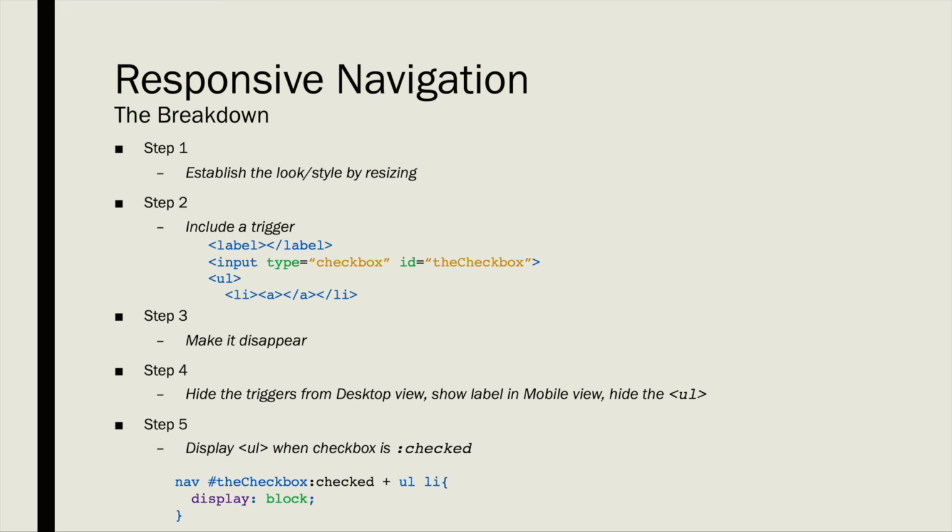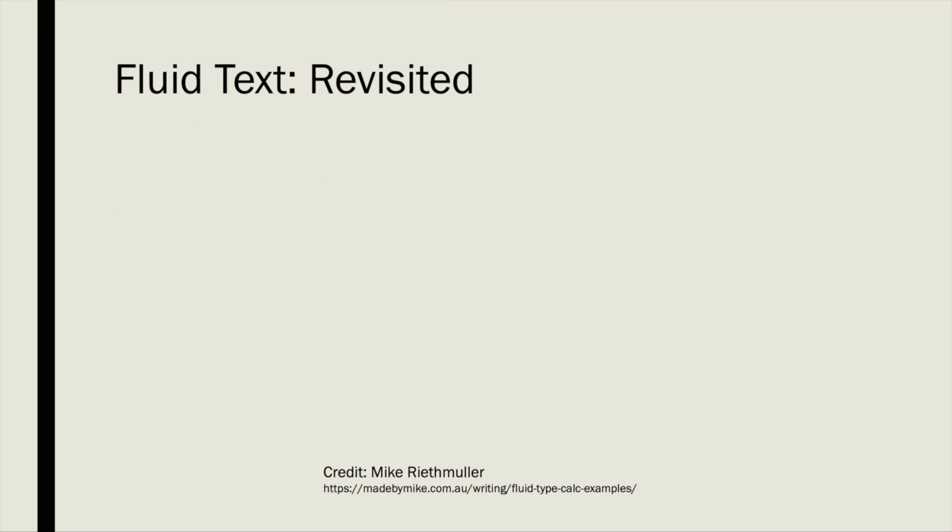Third step is to make it disappear. Fourth step is to hide the trigger from the desktop view, show the label in mobile view, and hide the navigation list. And then step 5 is to display the navigation list when the checkbox is, well, checked. This is a basic example of how to do this. We'll cover this in detail once we get to the Coded With Me videos.